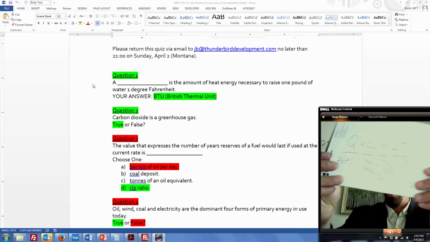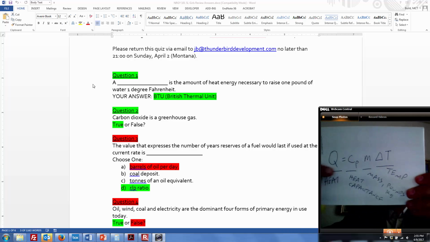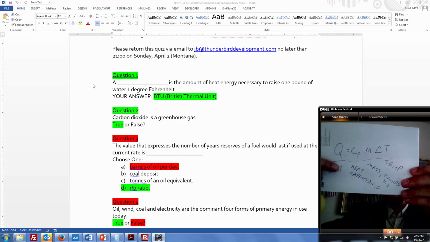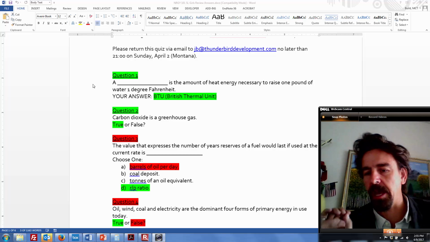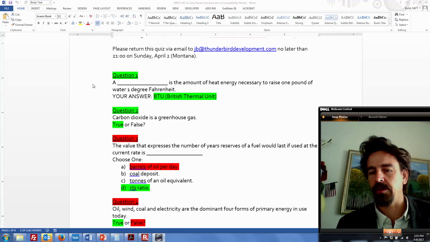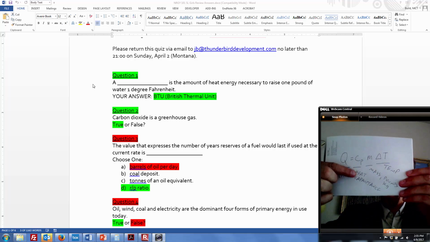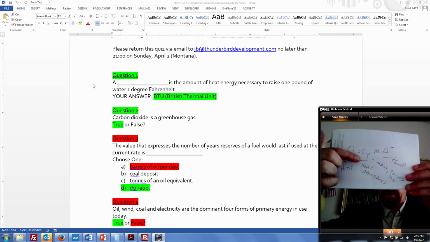Okay, so I hope you can read this. Okay, so again, Q is heat, and heat is energy. Heat and energy are the same thing. Heat is thermal energy. C sub P is heat capacitance.